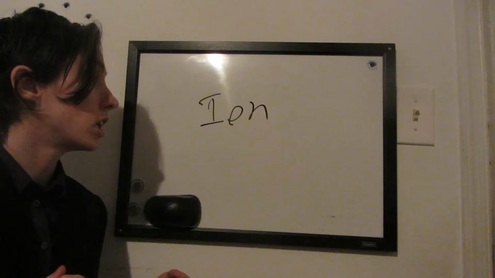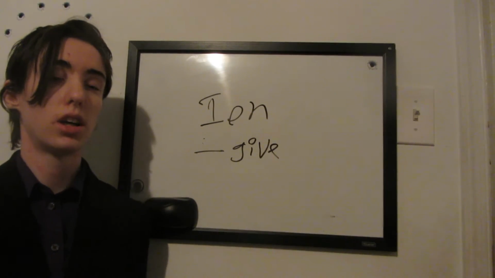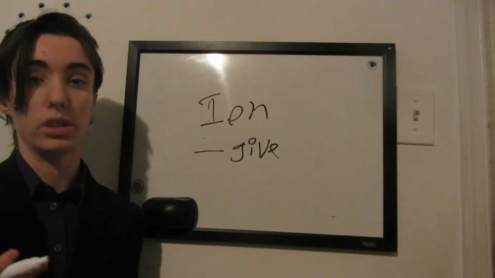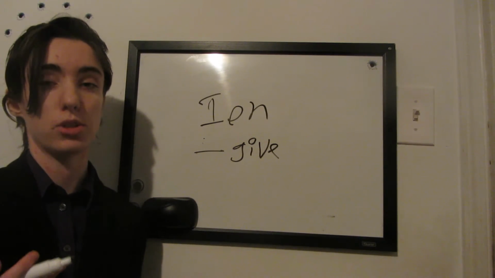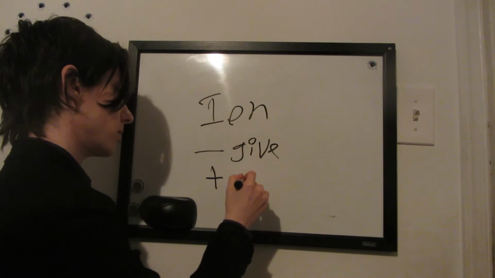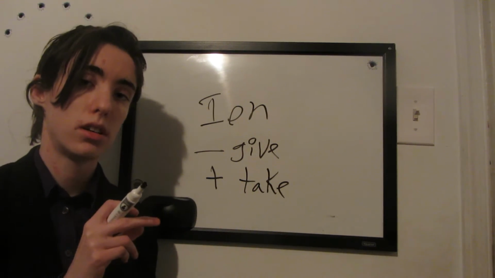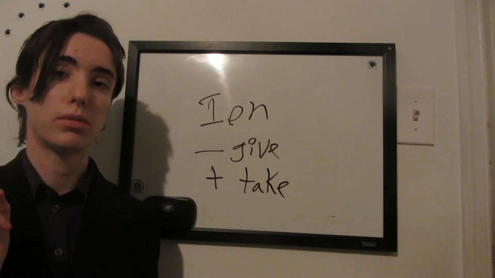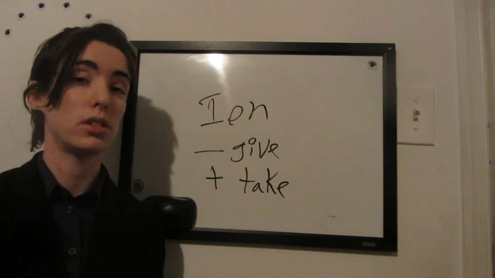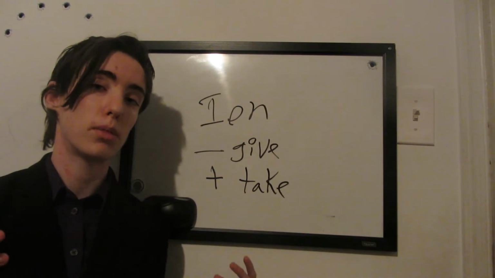Giving an electron results in a negative charge, because electrons are negatively charged, so if you add more electrons than there are protons in the nucleus, then the atom as a whole has a negative charge. And if you take away an electron from an atom, it will have a positive charge, because there are more protons in the nucleus than there are electrons in the surrounding shells, rendering the atom positively charged.